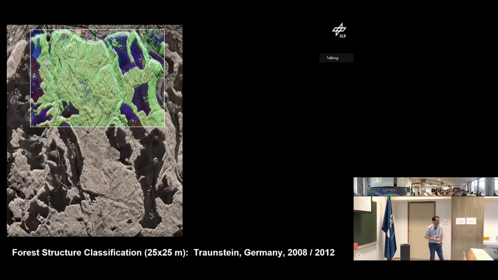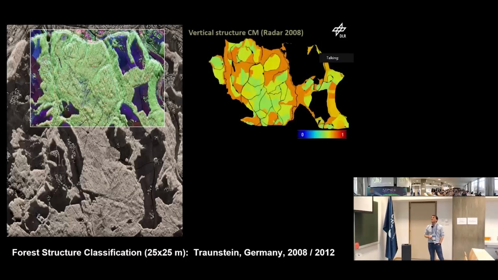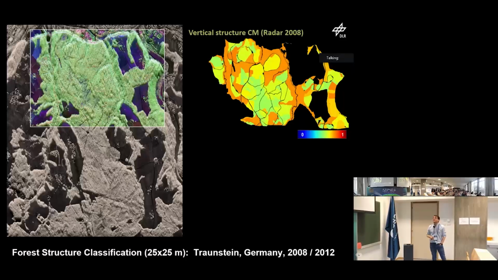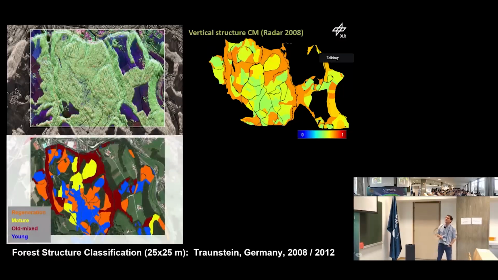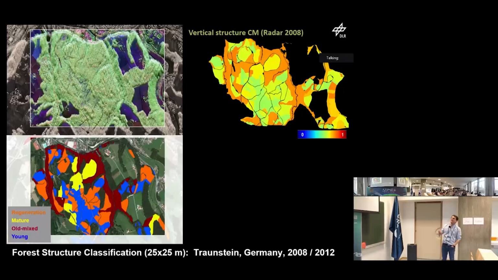We have several experiments. Here, to close, I'd like to show you an example in which this concept works also for seeing changes because of management. In the Traunstein forest, you have areas which are just left to grow as they are, and some of them are managed.